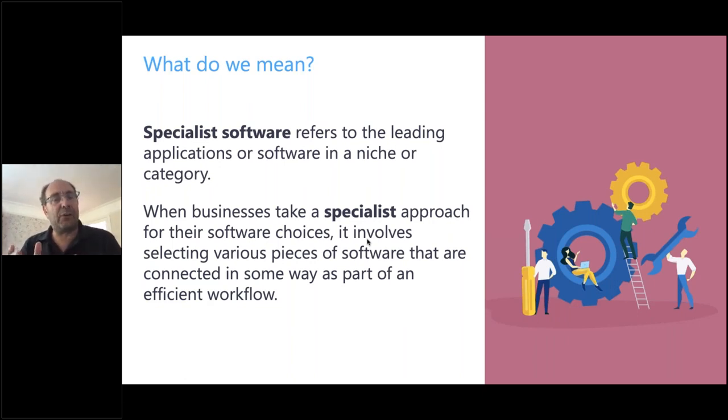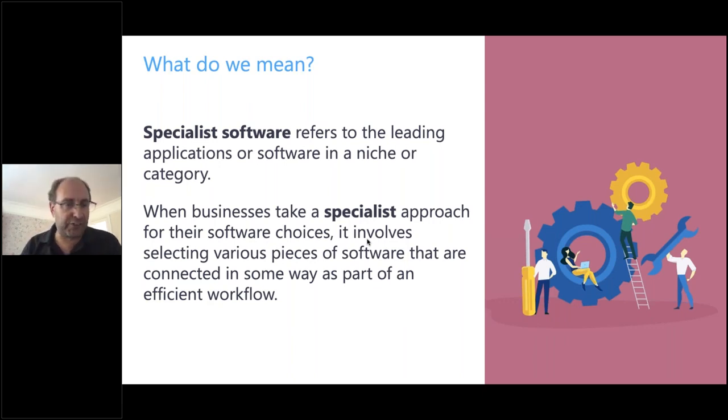But what's happened now with the evolution of APIs is that all of a sudden we have opportunities to take a specialist approach to the software that we choose, because these different pieces of software are now designed in such a way that they can work more effectively together. They can integrate seamlessly, and we can take the best of every element and build really effective workflows in our accountancy firm. So we'll talk about specialist software.